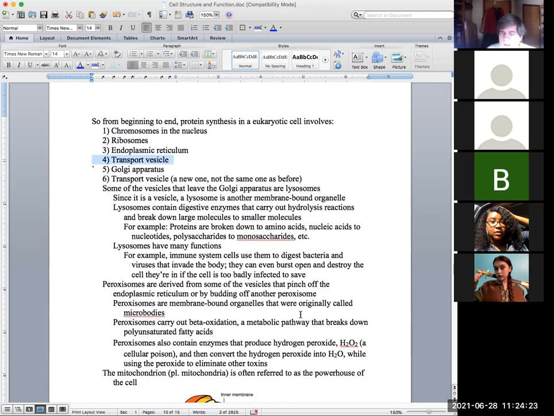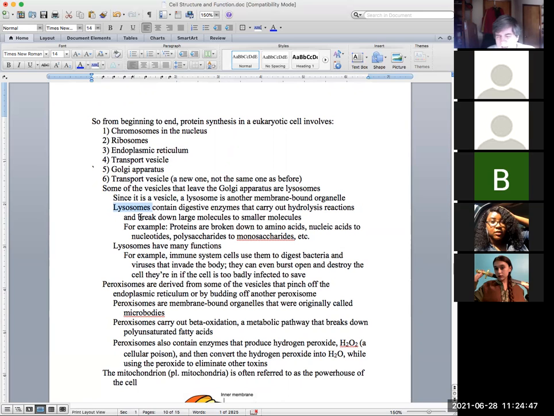Now let's look at two of the vesicles that we see. One of the types of vesicles that leaves the Golgi apparatus and stays in the cell is something called a lysosome. Now remember we talked about hydrolysis reactions before.